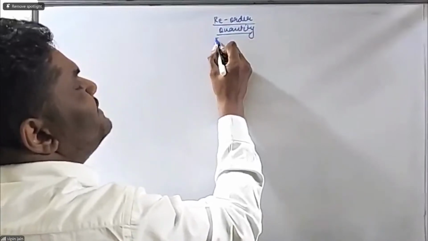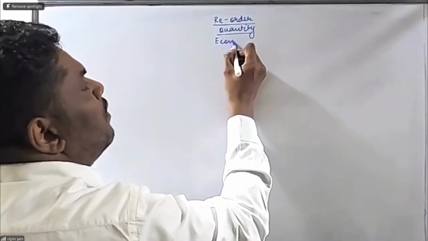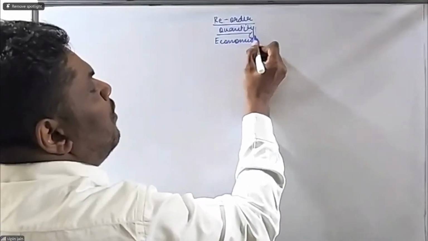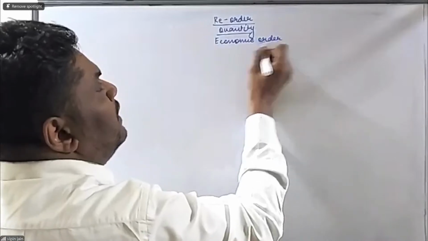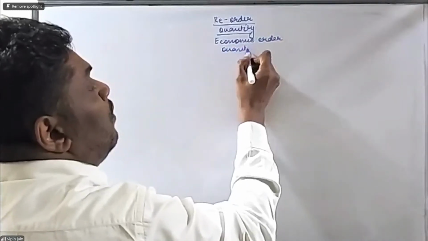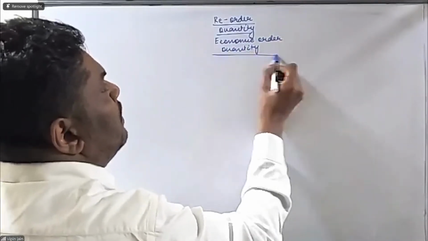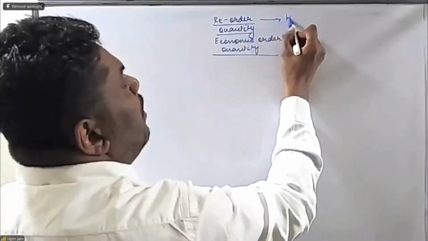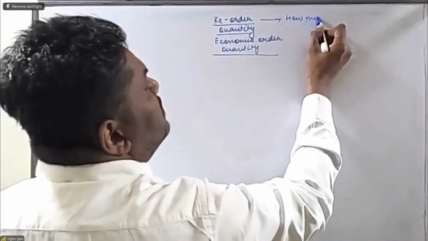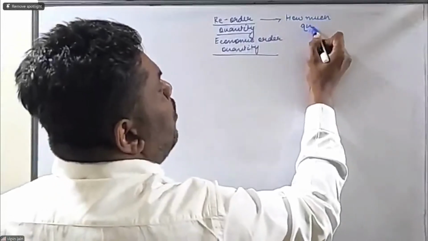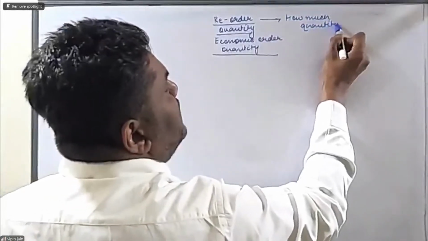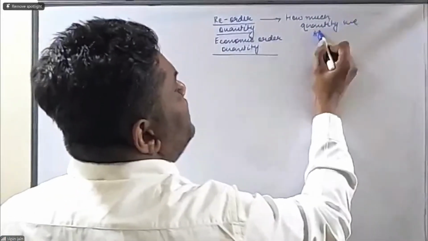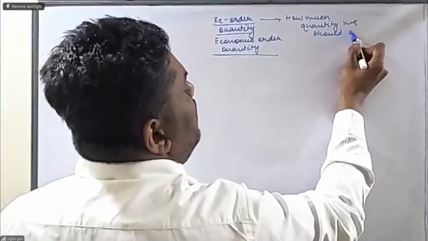We can call it economic order quantity. It means how much quantity we should order.